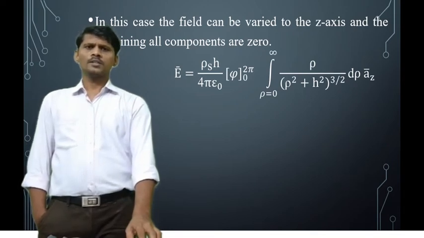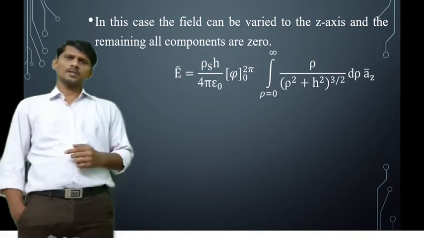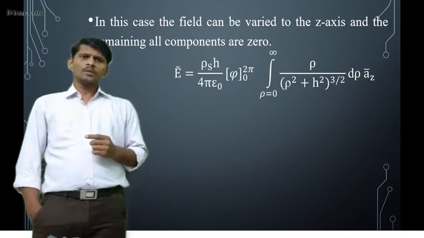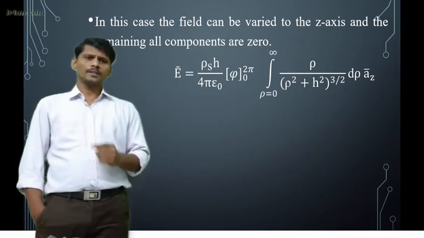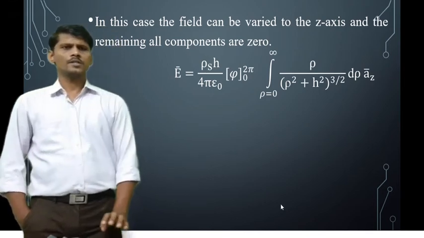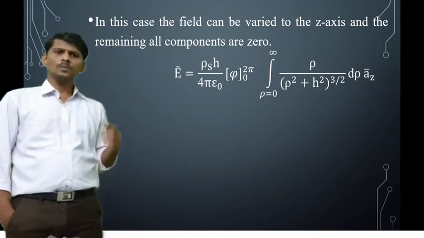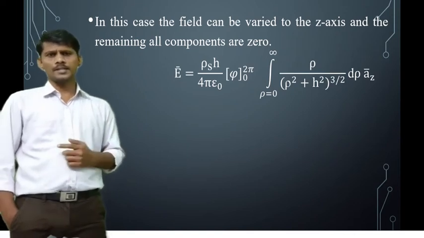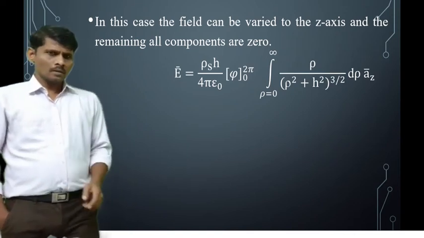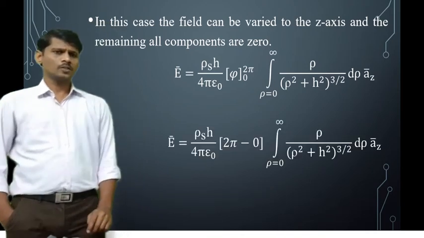So therefore, the electric field intensity E bar is equal to rho_s h by 4 pi epsilon naught integral 1 d phi, which is phi from 0 to 2 pi, integral rho equal to 0 to infinity rho by (rho square plus h square) to the power of 3 by 2 d rho into a_z bar. Substituting the limits, phi is 2 pi minus 0, which is 2 pi.